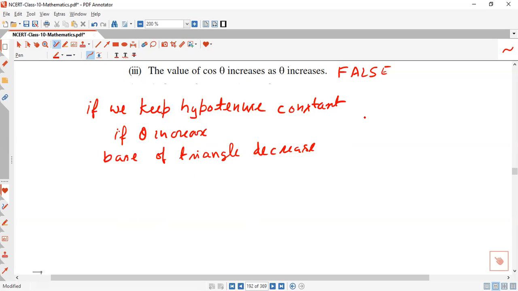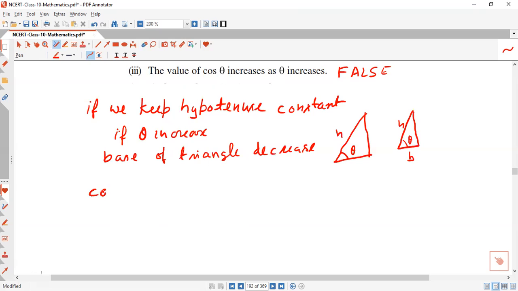You see this one, suppose you have this theta. If I increase the theta, keeping this one constant, the base of this one will decrease. This is the base and this is the hypotenuse. So the base of the triangle decreases.